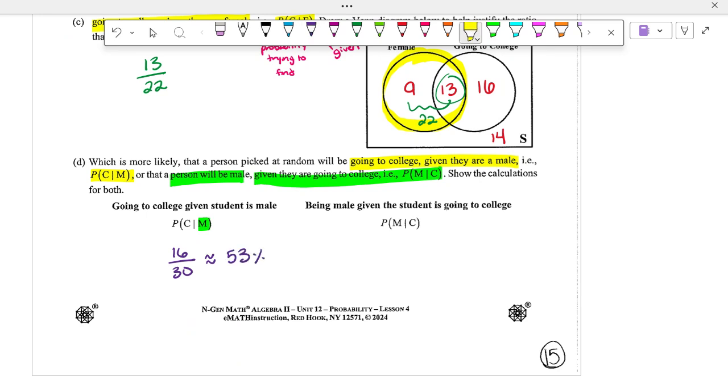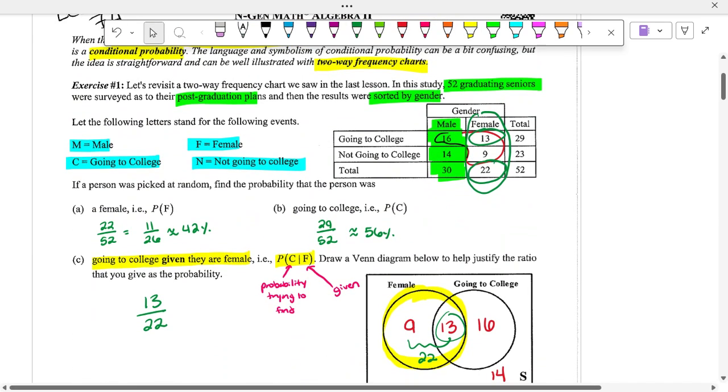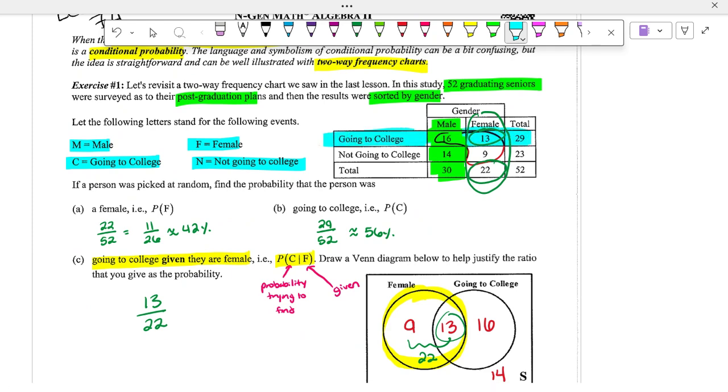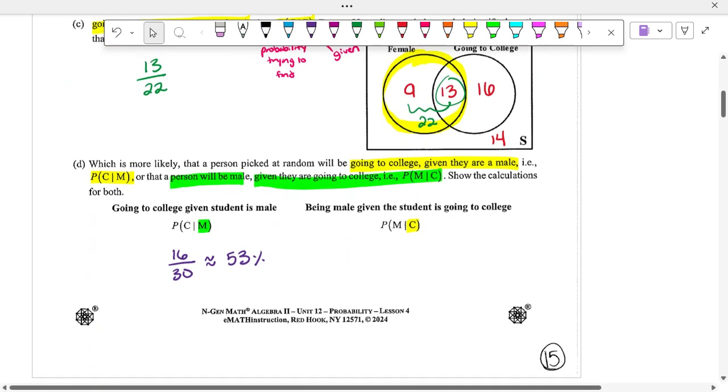Now we're going to do the inverse of that. So we want the probability that they're male given that they're going to college. So now instead of looking at the male column, we're looking at the going to college column. So everything that we take is going to be out of what number? Someone who hasn't talked yet. 29. And how many males is that? 16.